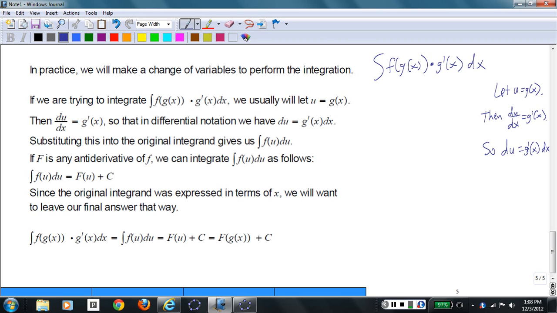So look back up at the integrand. This is u, u equals g of x. This is du.